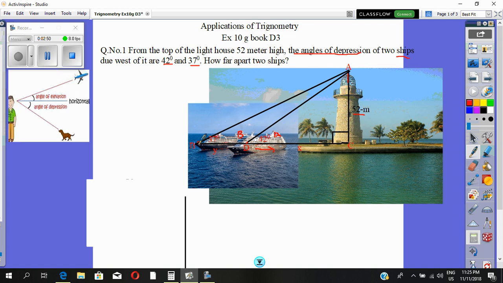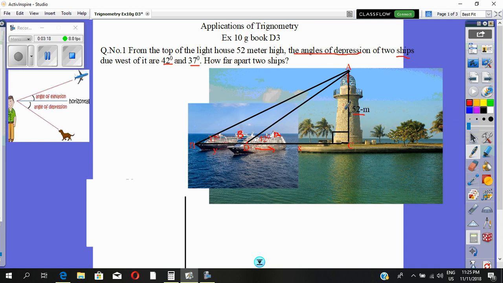We can solve it with the help of the trigonometrical ratios. Here we have two angles, and one common height, that is 52 meters, and the other angle is 37, with the same height. Our thinking process is here.